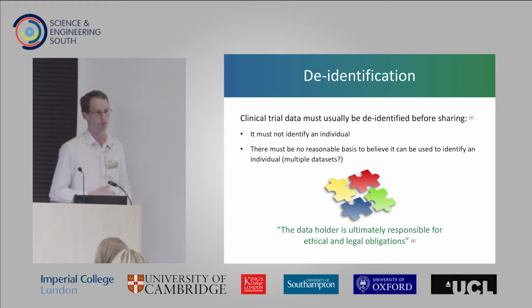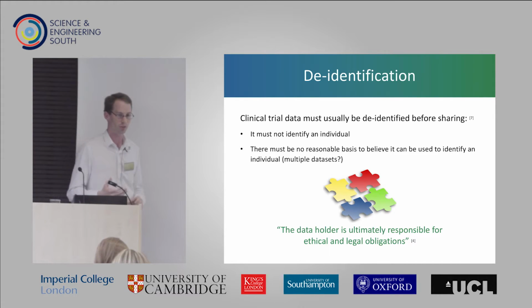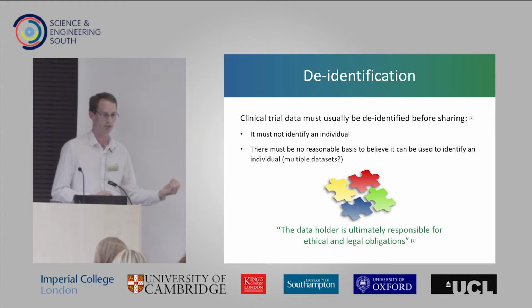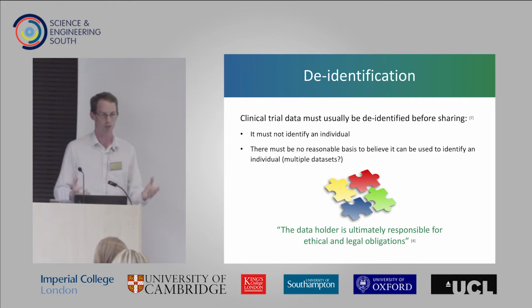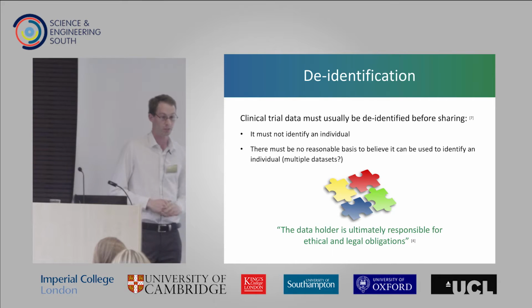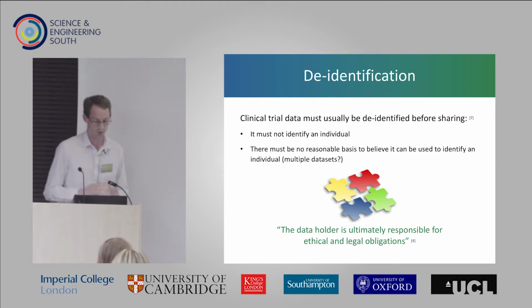So if one person already has some information publicly available in one data set and you contribute a second data set, then by piecing those together, can you identify them from that collection of data sets? And ultimately, it's the data holder who is responsible for ensuring that the participants can't be identified.